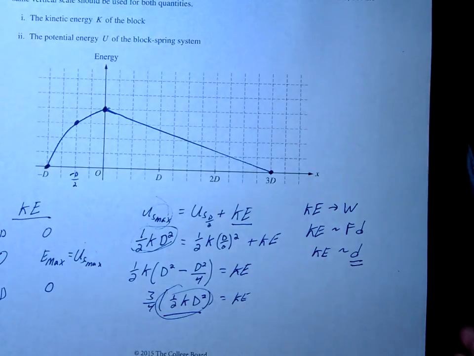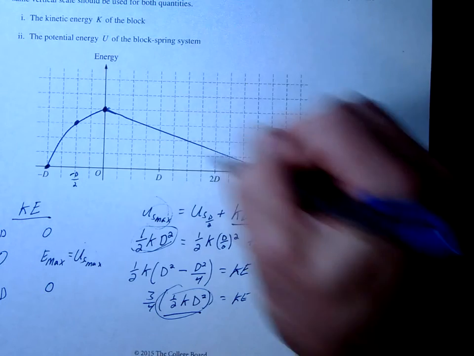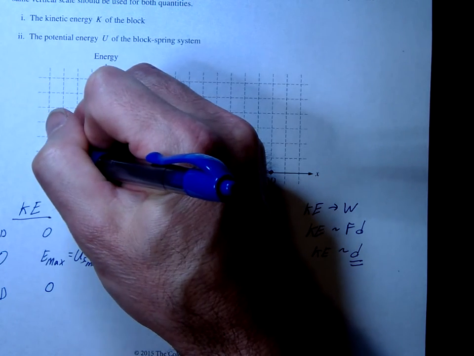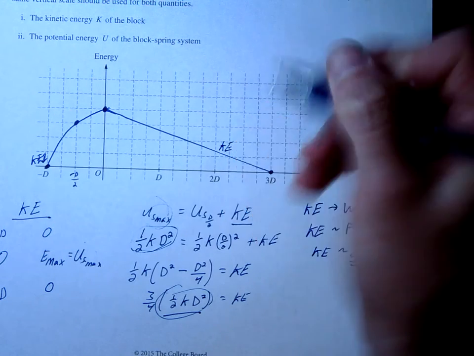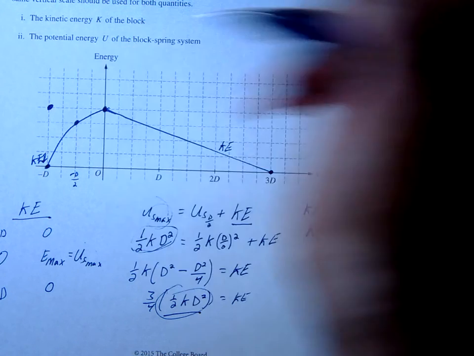Okay, all right, let's do the potential energy of the block. This should be much easier to do. First of all, you're going to notice this is the kinetic energy curve, KE. We know our maximum value is going to be right here.